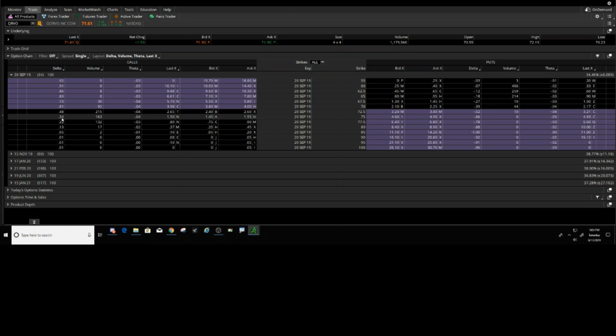Okay, let's pretend we're going to buy 10 of these. So instead of buying 1,000 shares straight up, we're actually going to control 1,000 shares with 10 contracts of the delta 34. In this case, that's a $75 strike.